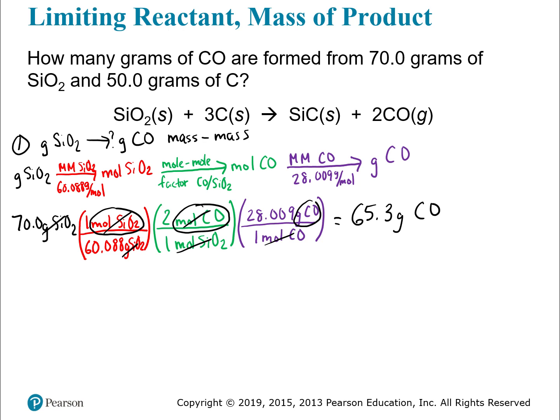Are there any questions so far? We've only computed how much we would make if we had 70 grams of silicon dioxide. I'm going to push ahead and do the second part. And if you have questions, you can just jump on in.